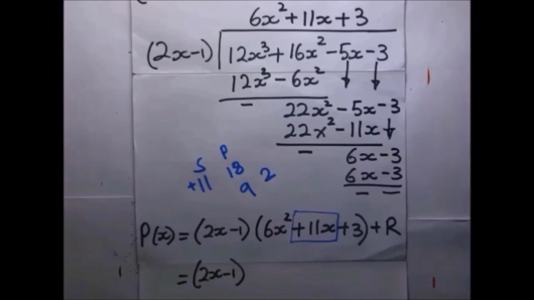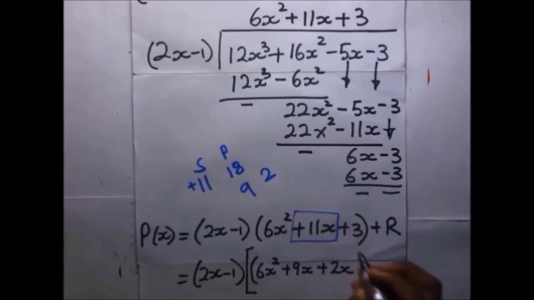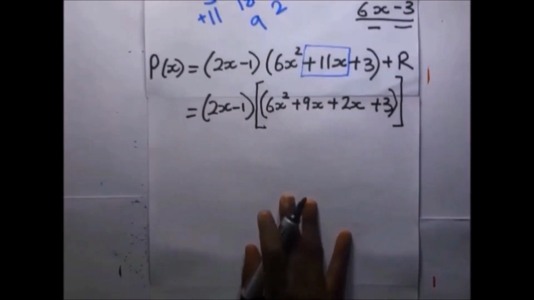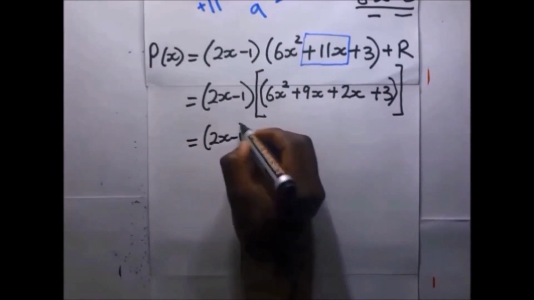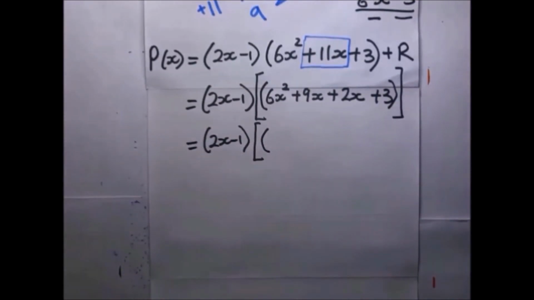So our calculation will continue as 6x squared plus 9x plus 2x plus 3. So this will become 2x minus 1 into, now we factorize out.